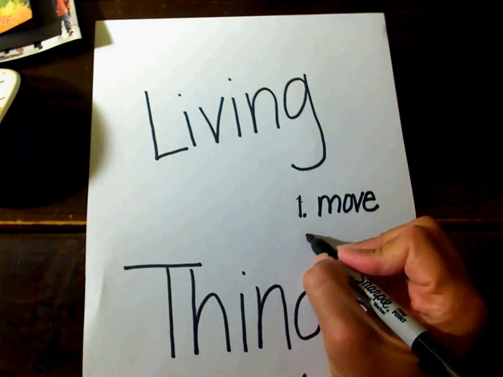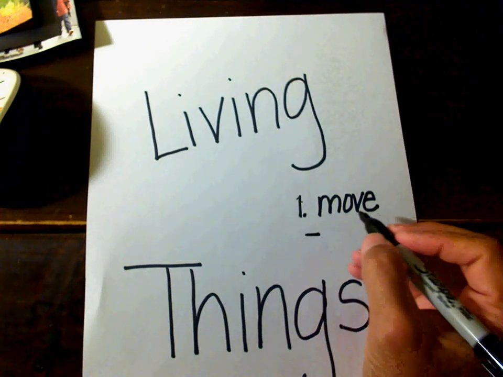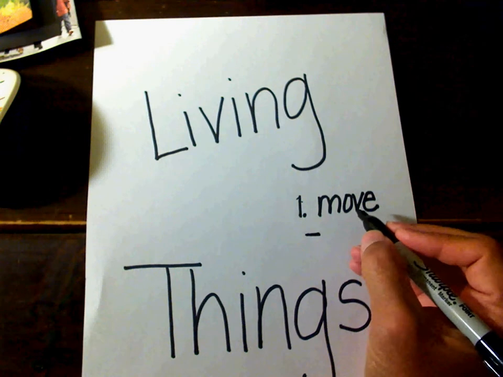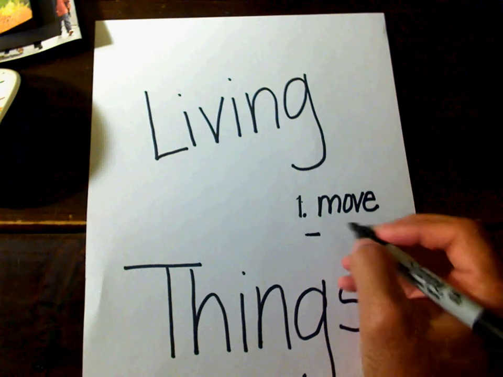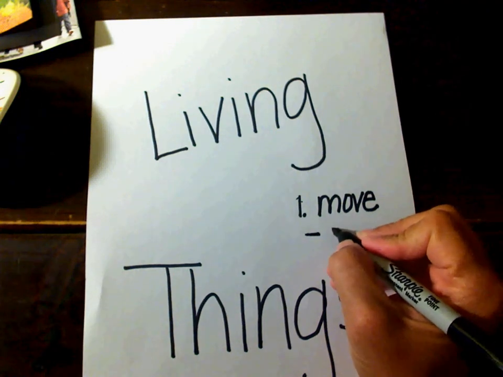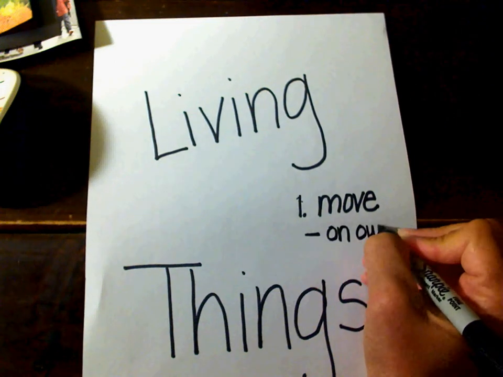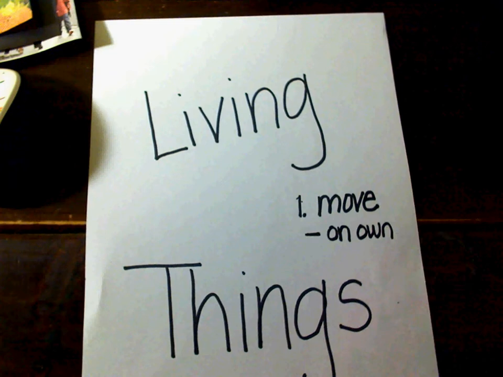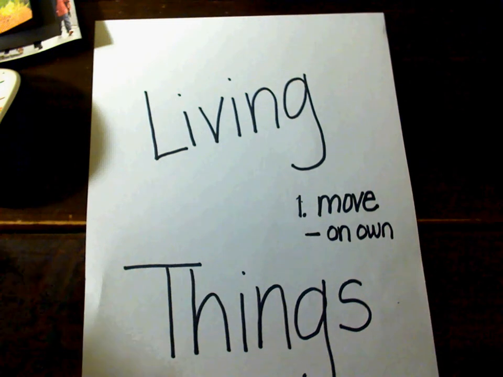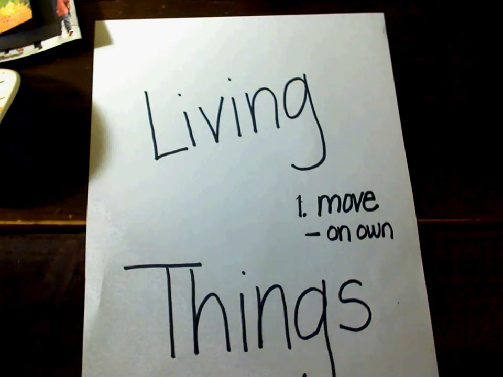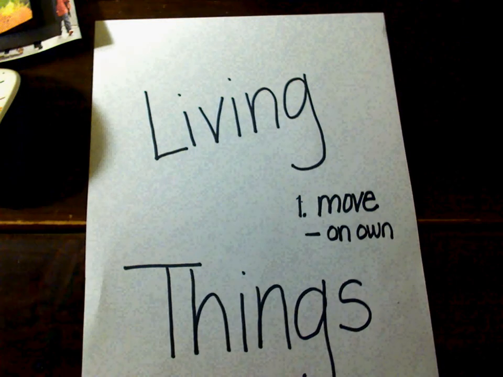So all living things must be able to move. Now, an important thing to remember is they have to move all on their own. They have to be able to do it by themselves. Good job.